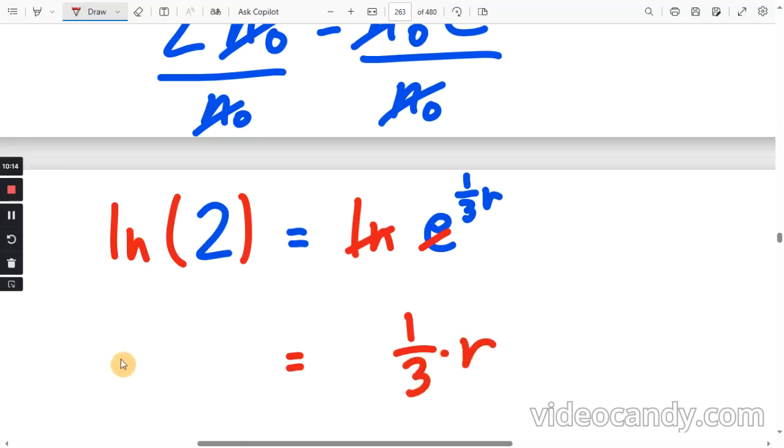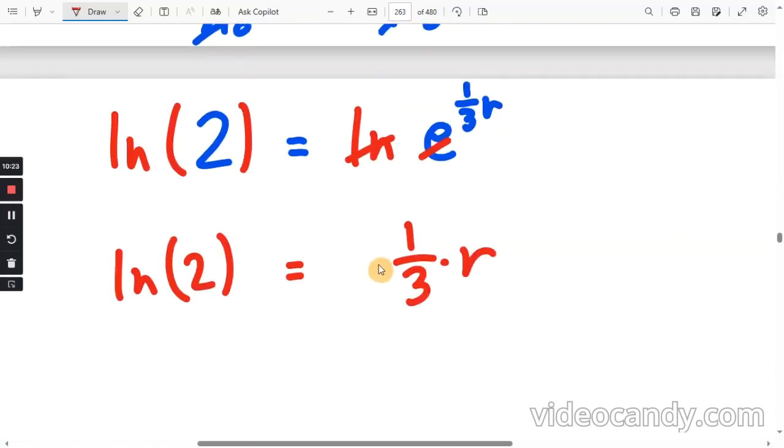Natural log of 2, we're going to do on the calculator. All right, so times 1/3. How do we get rid of that? Multiply by the reciprocal. So times 3 on both sides. 3 over 3 cancels. We're left with r equals 3 times ln of 2.